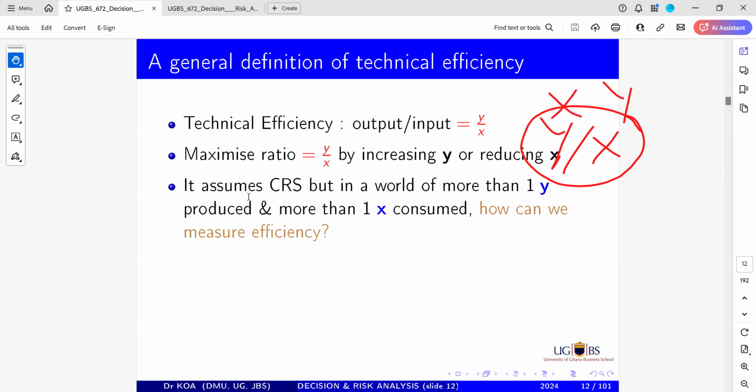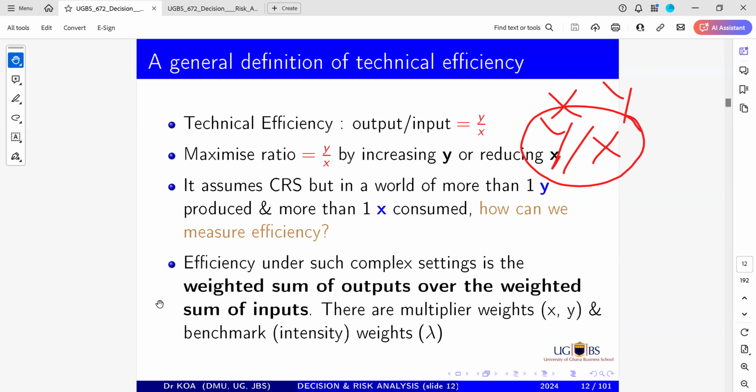How can we then measure efficiency? Well, this is how we can. We can measure efficiency in a unique way, and that unique way is called the weighted sum of outputs over the weighted sum of inputs. So watch this.